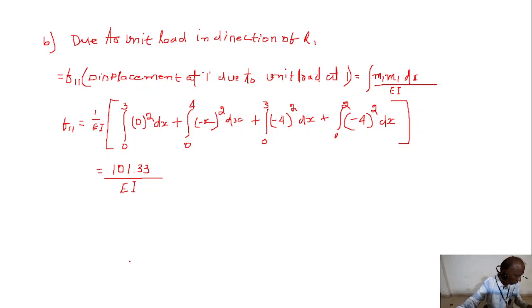Next, F21, the flexibility coefficient. F21 means displacement at 2 due to unit load at 1.